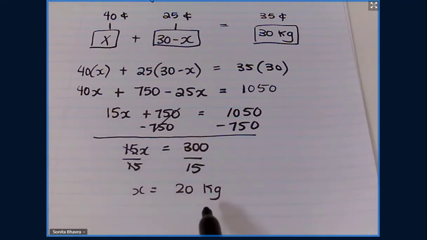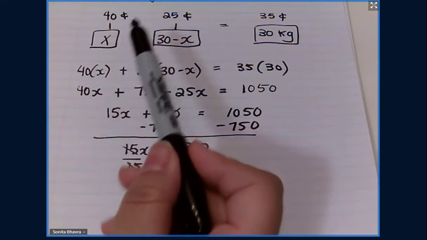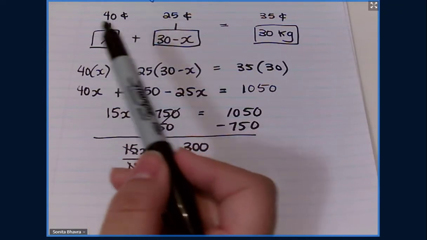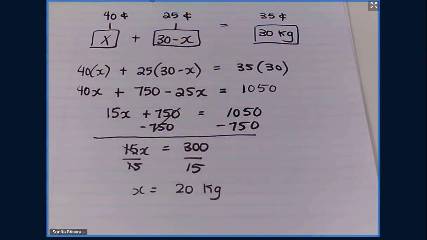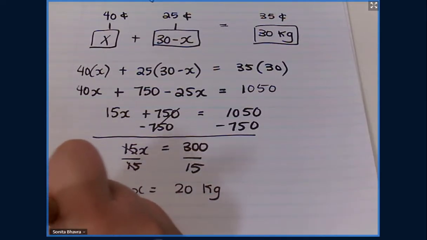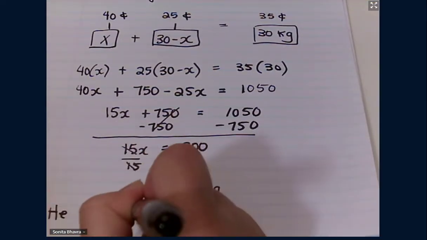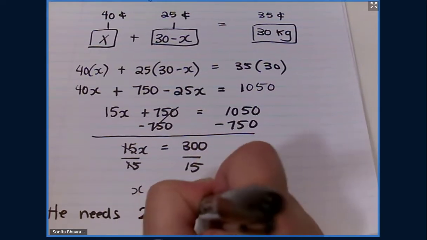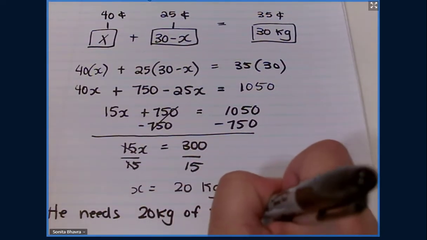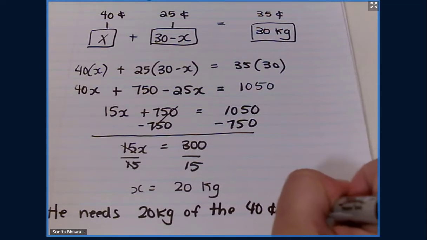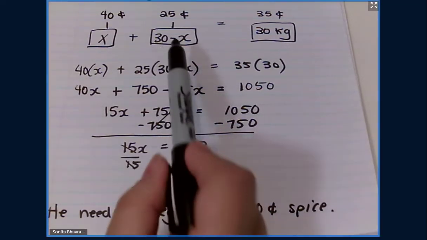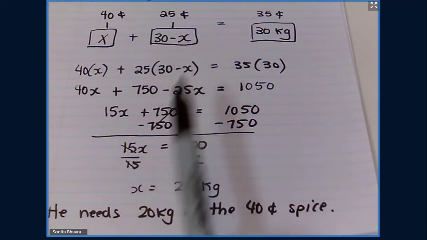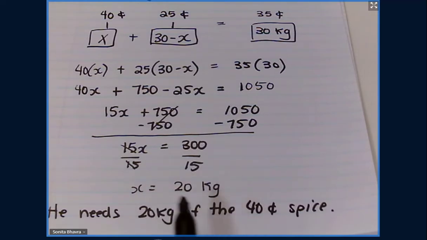All right, so we do have to go back to our original statements. If X is equal to 20 kilograms, that means we have 20 kilograms of the 40-cent spice. And then our 25-cent spice is 30 minus X, so 30 minus 20, and therefore it's 10 kilograms of the 25-cent spice.